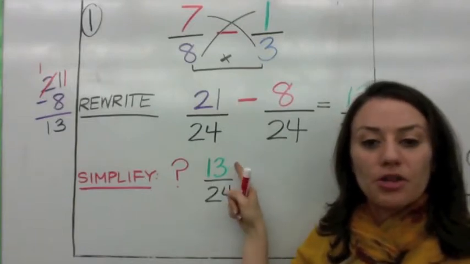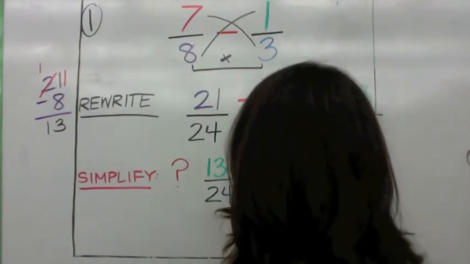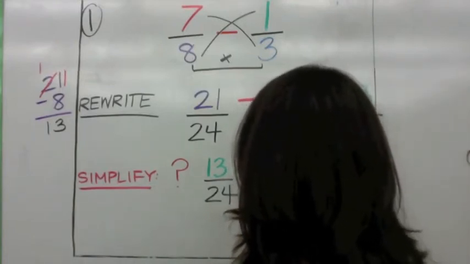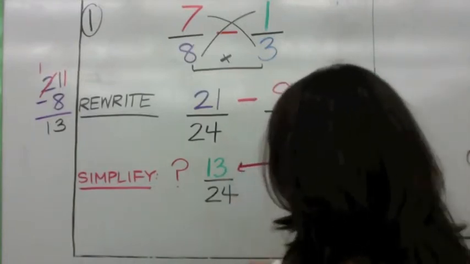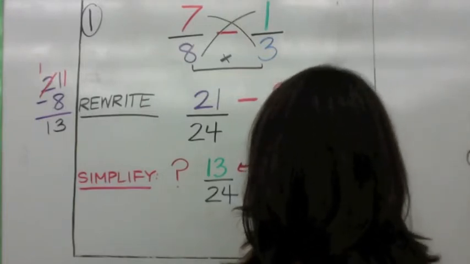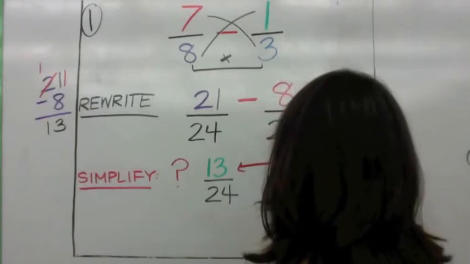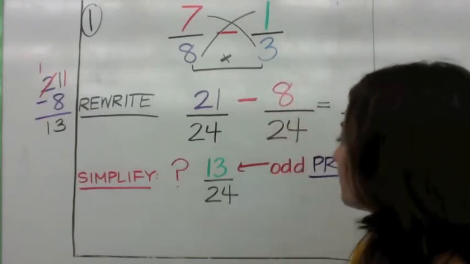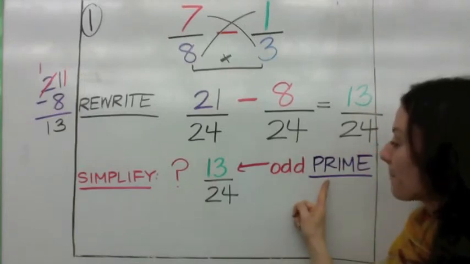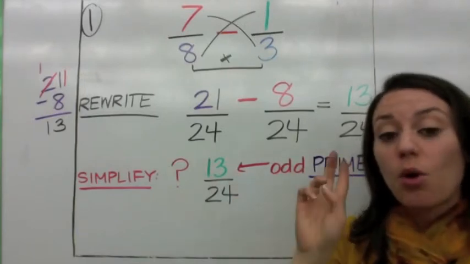Tell me about the numerator. The numerator is what? It's 13. Now this is an odd number like we've talked about, but it is also prime. Well, what is a prime number, Ms. Cotran? What is a prime number? A prime number can only be divided by 1 or itself.